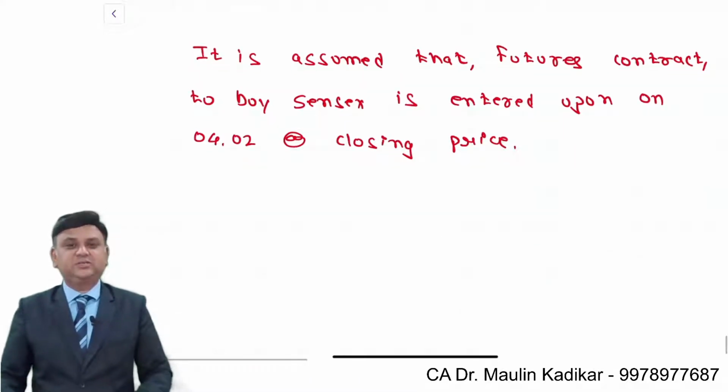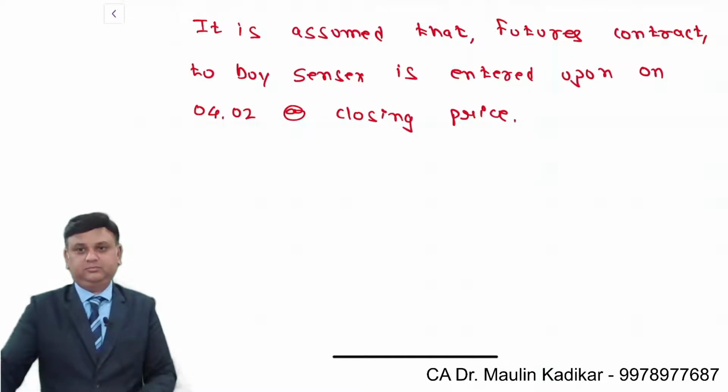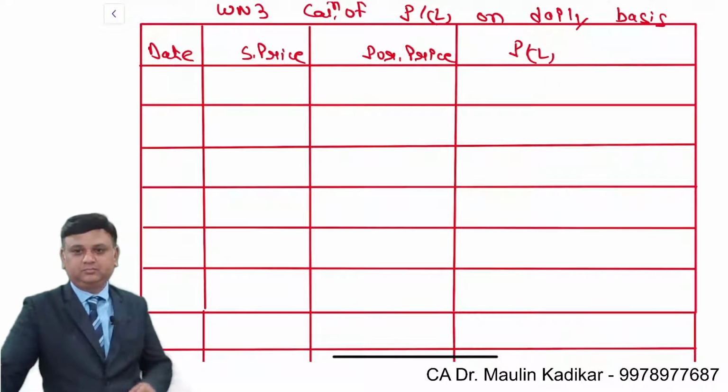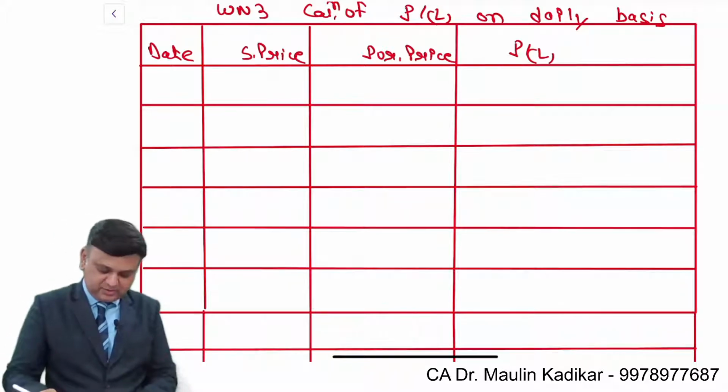So we assume that it is entered upon at the closing price. Let us see how to make the calculation of the answer.